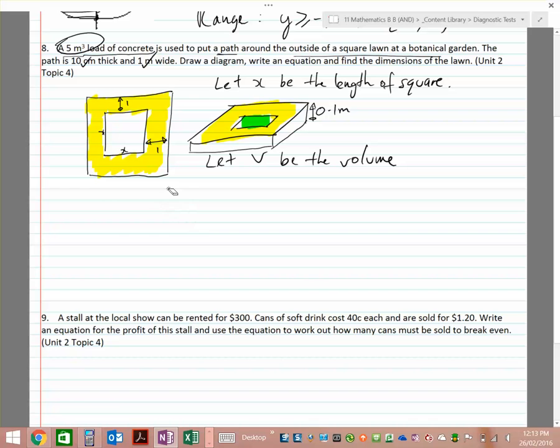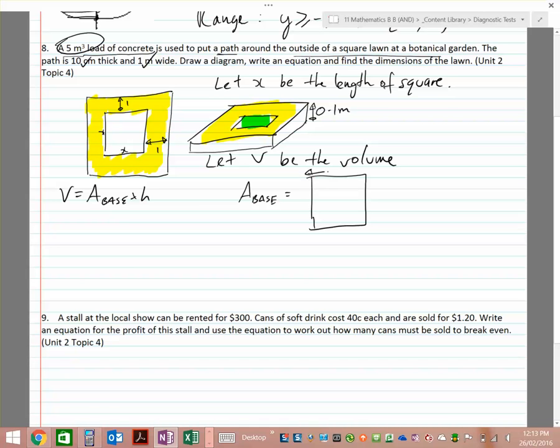Okay, so I'm running out of space, but this is my rule. And then I'll go over to the side and just try and find what the area of the base is. Well, for area of the base, I've got that big square, which includes the path and the grass.